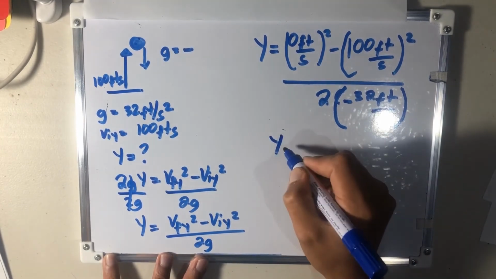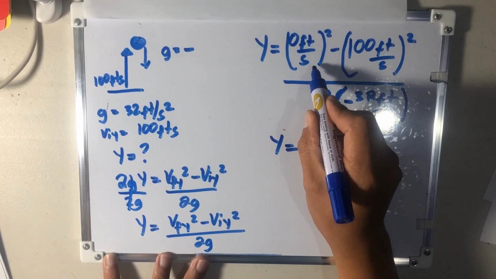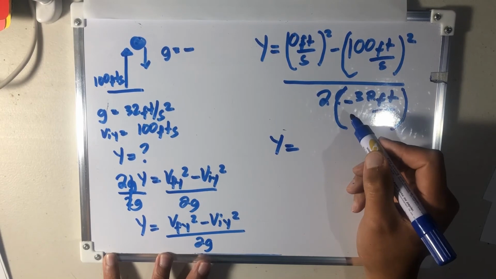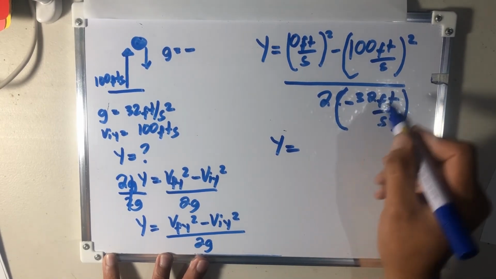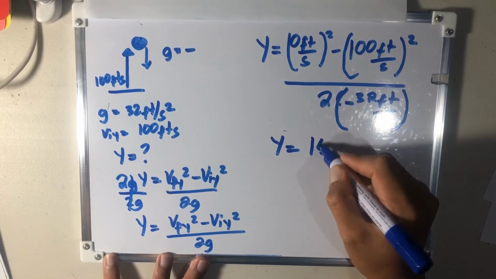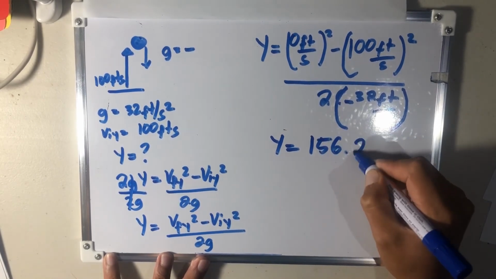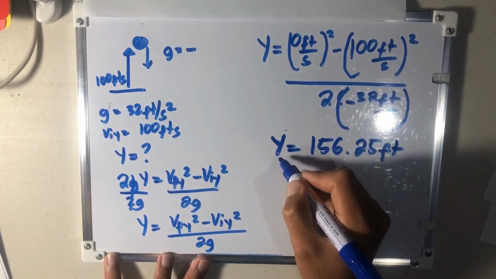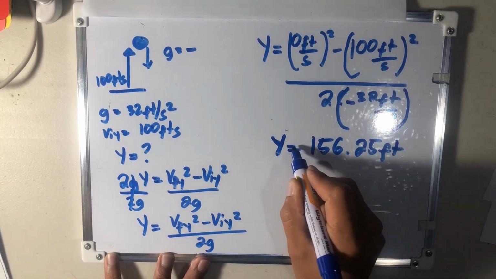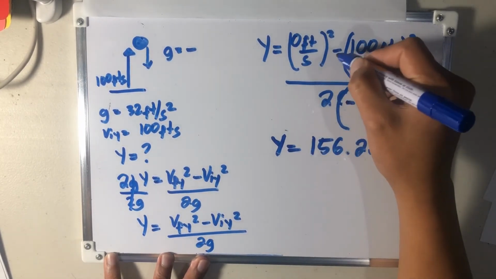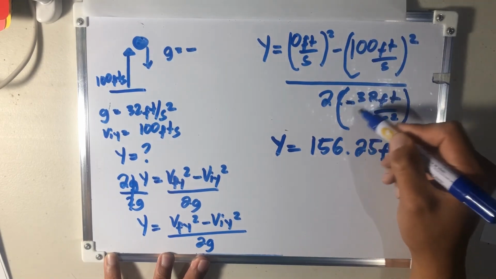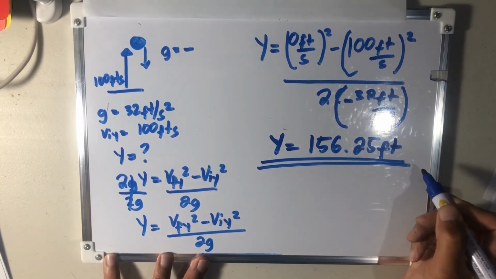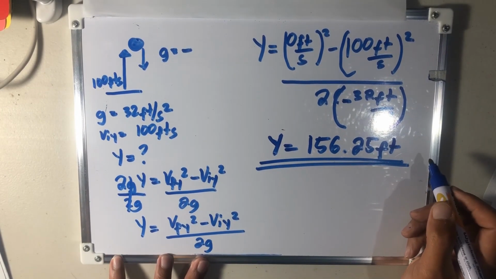So y now is equivalent to 0 minus 100 feet squared divided by 2 times negative 32 feet per second squared. If we do the math, that will give us the value of 156.25 feet. Take note that the displacement, or the maximum height, should I say, is positive since we have here a negative value and we also have here a negative value. Okay, so this is the maximum height of the object.